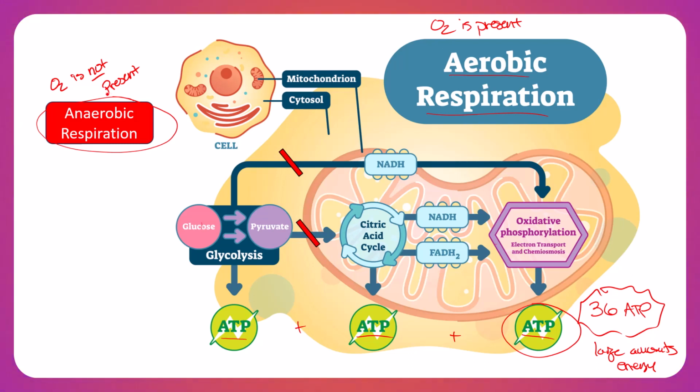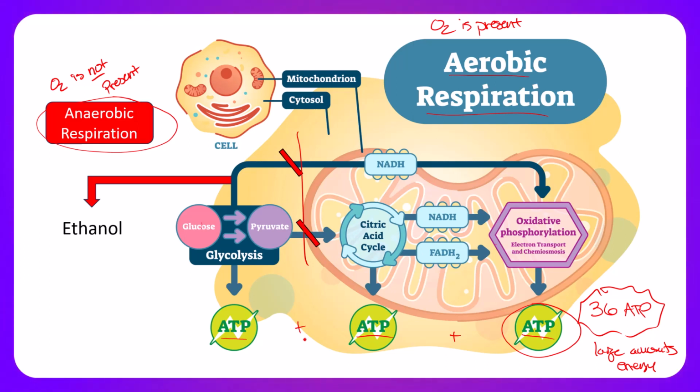So O2 is depleted, meaning O2 is not available, meaning it shuts these pathways down, which turns the whole cellular respiration process anaerobic, meaning now it produces either ethanol, in the case of yeast, or it produces lactic acid or lactate in the case of lactobacillus, bacteria, or humans.